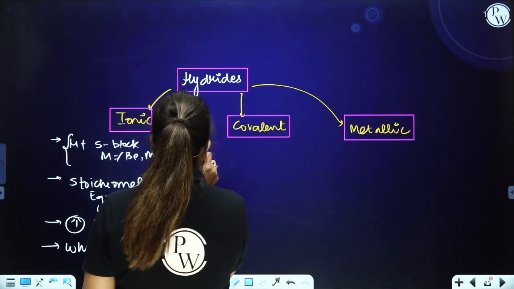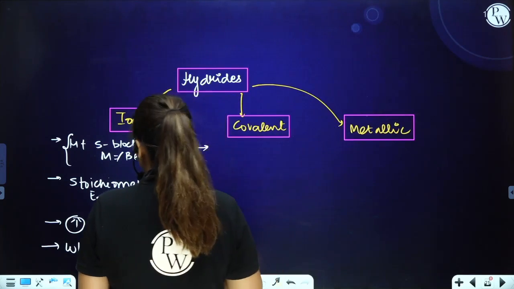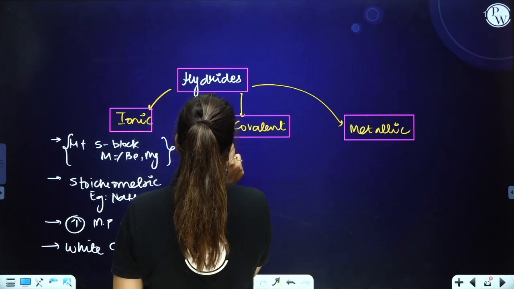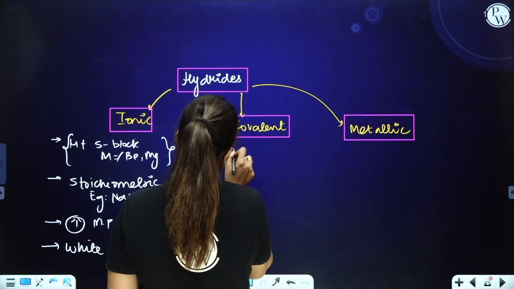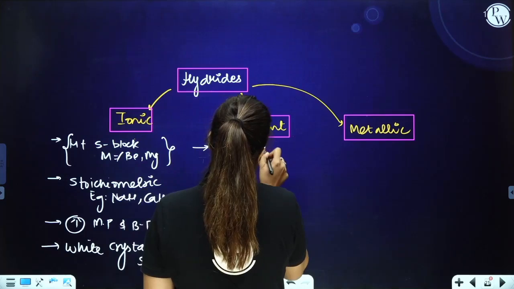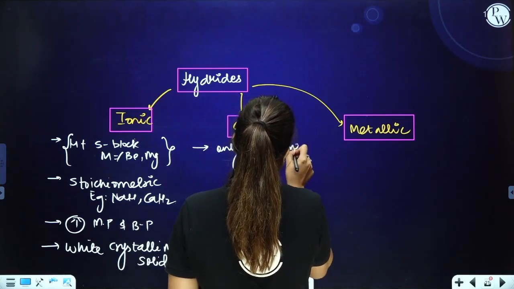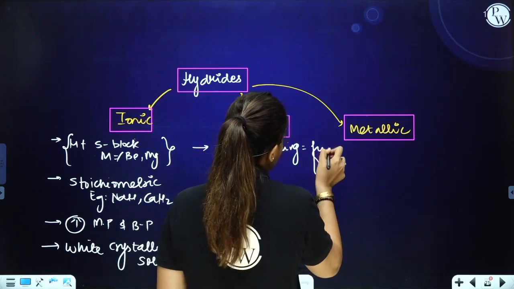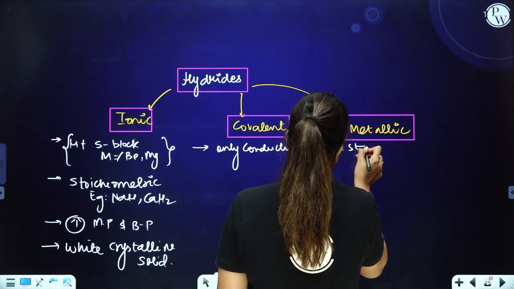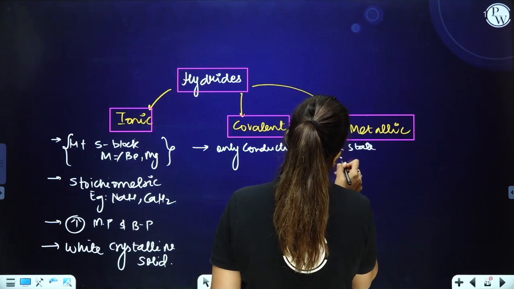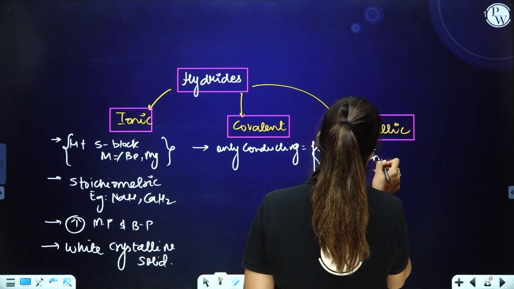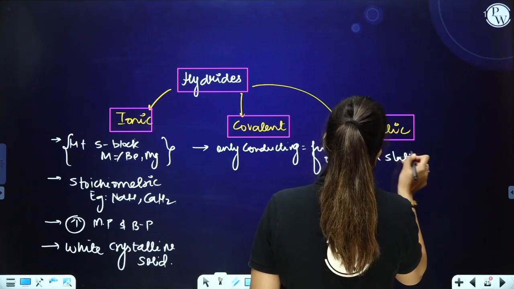Now, the ionic hydrides are only conducting in the fused state, or you can simply say the molten state. If the molten state is not present, they are not conducting.